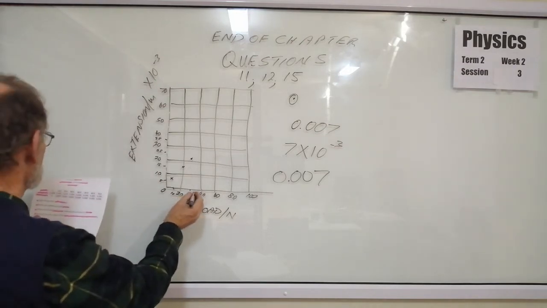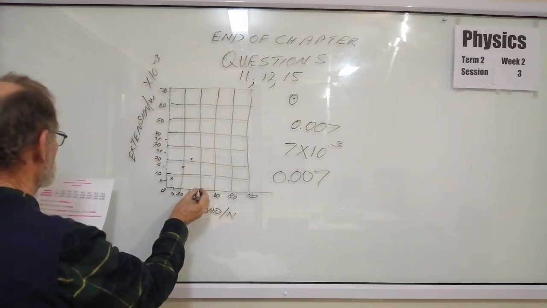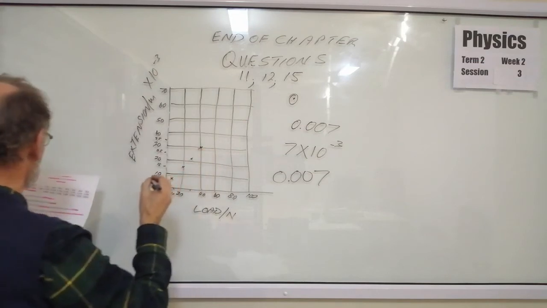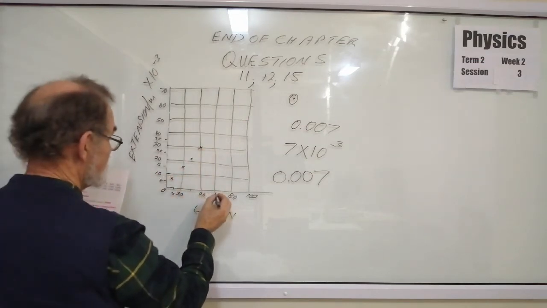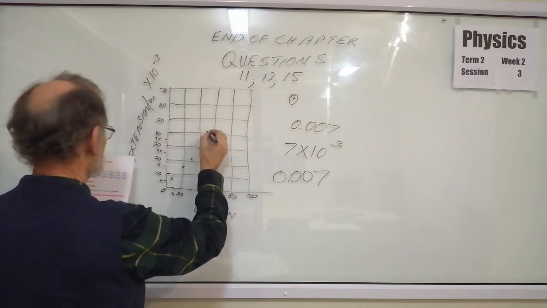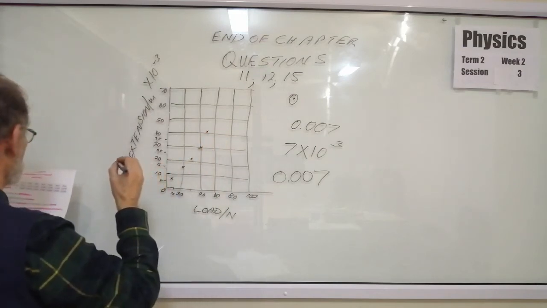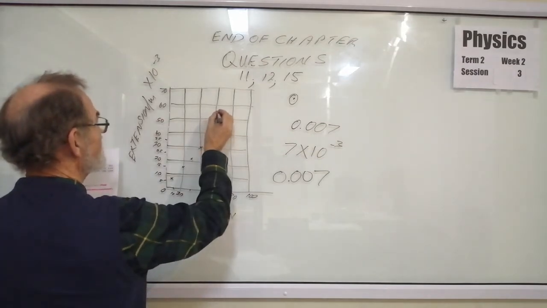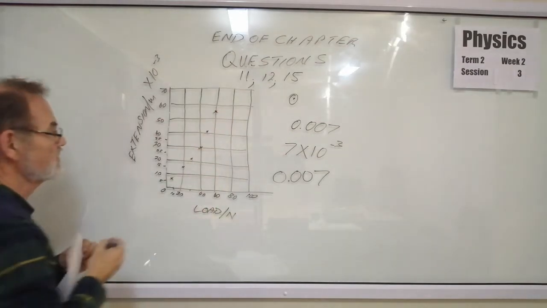That was 30. Next one is 40 is 30. And 50 is halfway, is 50 is 42. And 60 is 55. 55, halfway between 50 and 60.